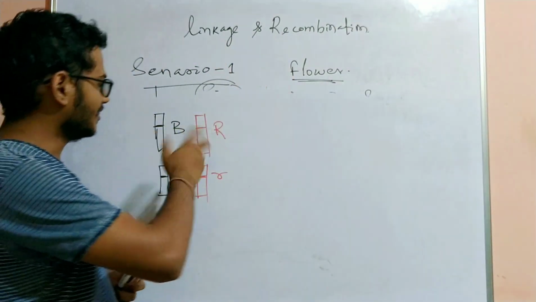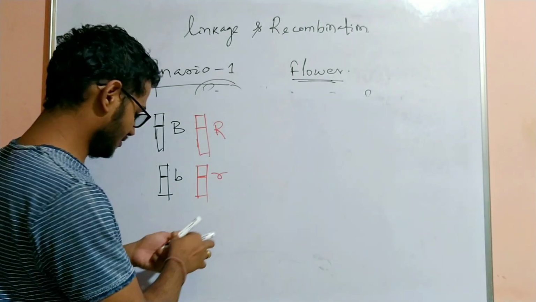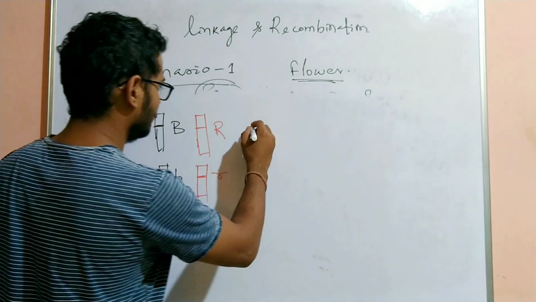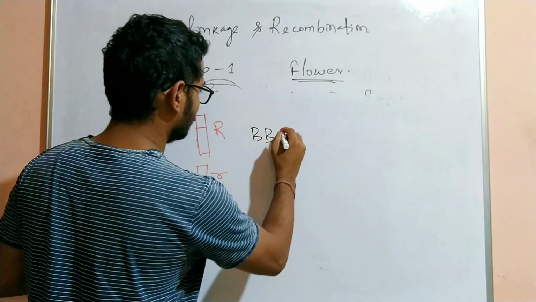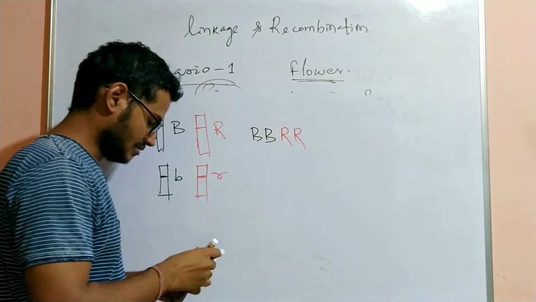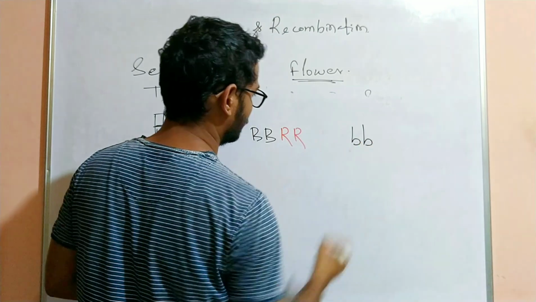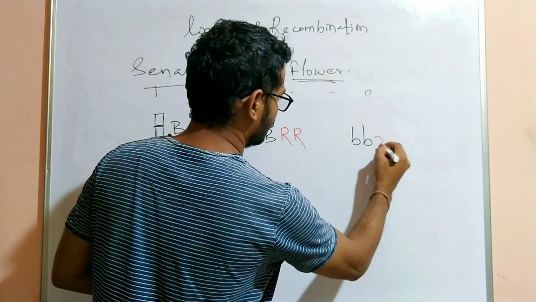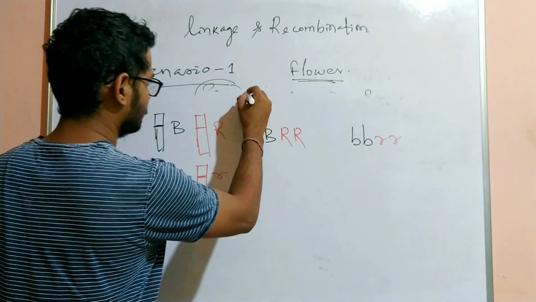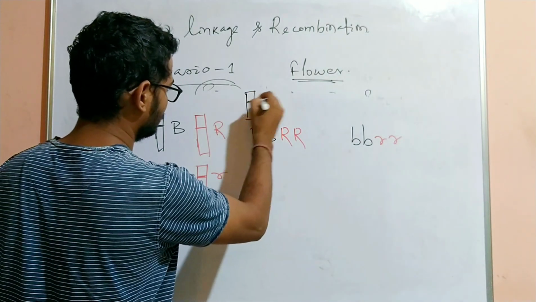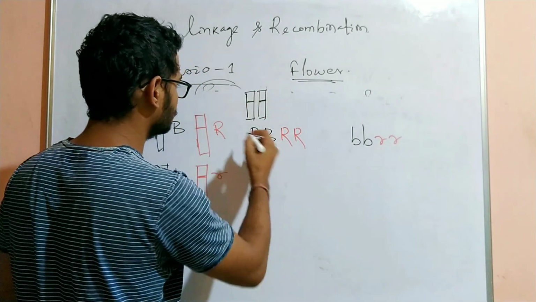When we fertilize these two plants, in the first case we have capital B, capital R, and we will fertilize this one with another plant having small b, small r. I can denote here capital B, and this one is also capital B in two different chromosomes.